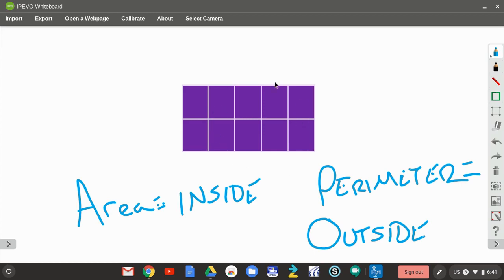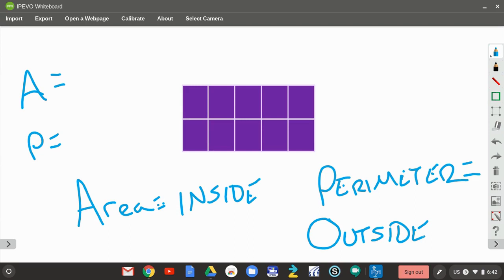So if we just look at it in basic terms, let's say we're given this rectangle and we're asked to find the area and the perimeter for it. Now the area is the amount of space inside. Because it's divided up, we can see the space inside.